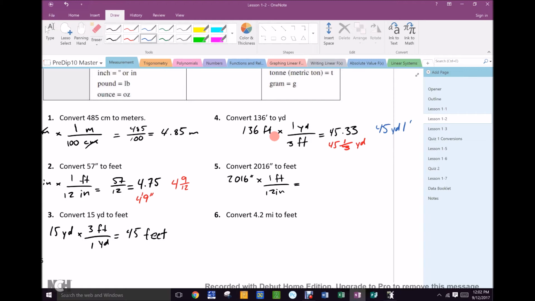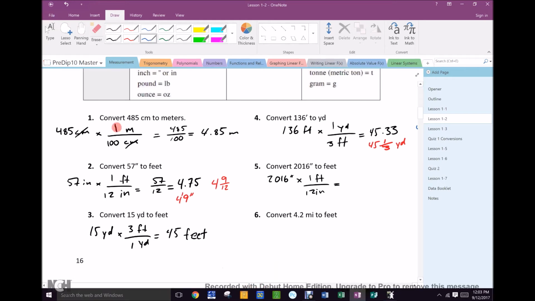Now, the next thing I would like to point out is by now you should already be seeing a pattern, yes? When the 1 was in the numerator, what math did we do? Division. When the 1 was in the denominator, what math did we do? Multiplication. That's why I wanted you to write it out 5 times, so you don't get in the habit of going straight to the shortcut and screwing it up.